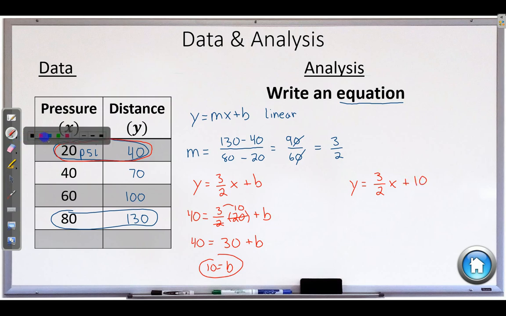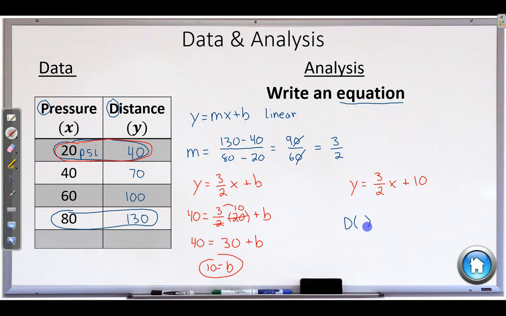Now because we are having a context and a word problem here, it might be good to turn this equation into function notation. So instead of using x and y, we'll use letters that have a little bit more context to them. So our y gets replaced with, I'd say, d for distance.